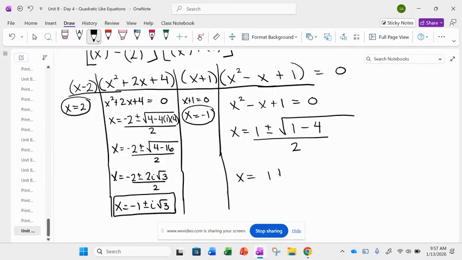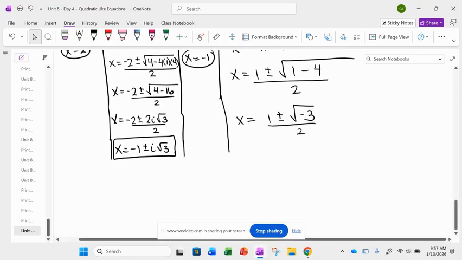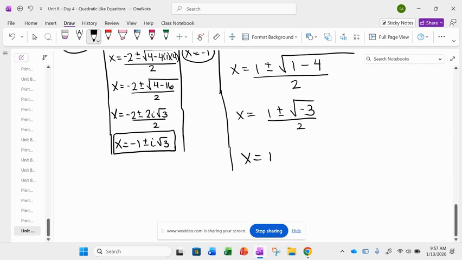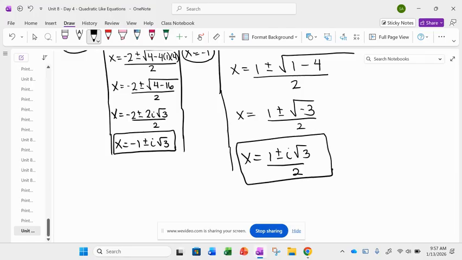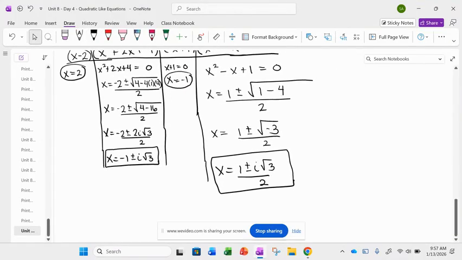So x will equal 1 plus or minus the square root of negative 3 over 2. So x is equal to 1 plus or minus i root 3 over 2. And those are your last 2 solutions. So we have 6 solutions in total. The degree of the polynomial was 6, so we're good.